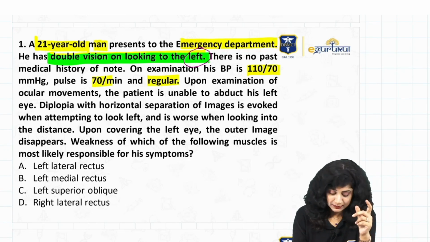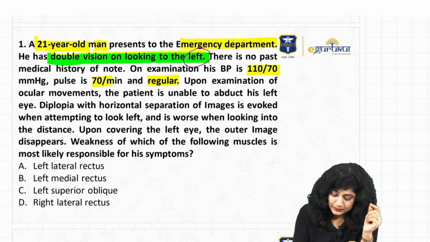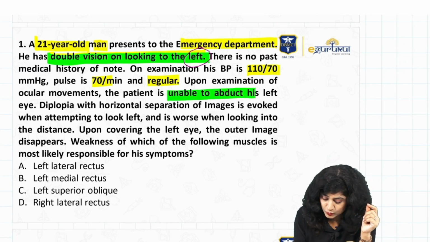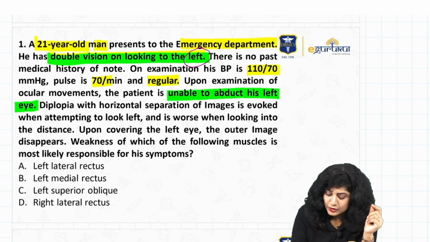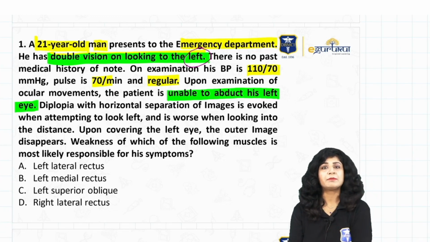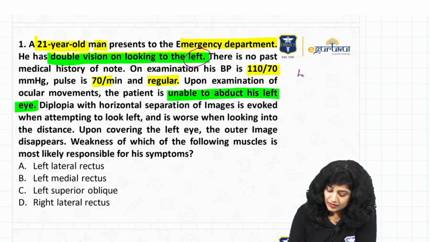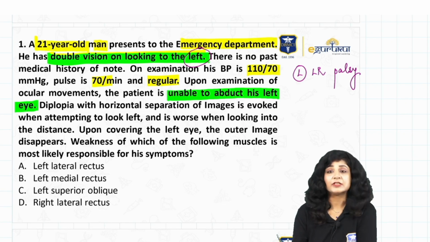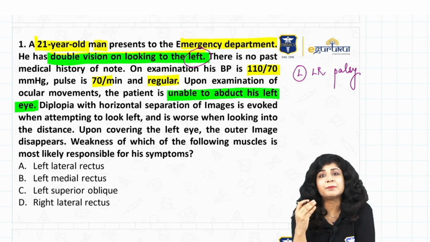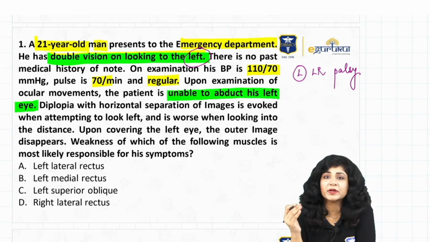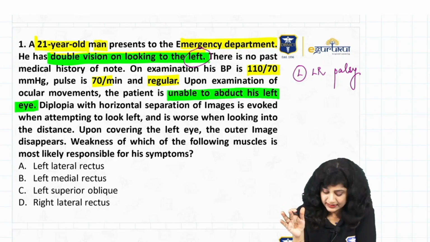Now upon examination of the ocular movements, the patient is unable to abduct his left eye. So when a patient is unable to abduct his left eye, we can think about the left lateral rectus, and there could be a left lateral rectus palsy. So from this I can make out, and the person is also having the diplopia towards the left, so both are actually syncing, right?